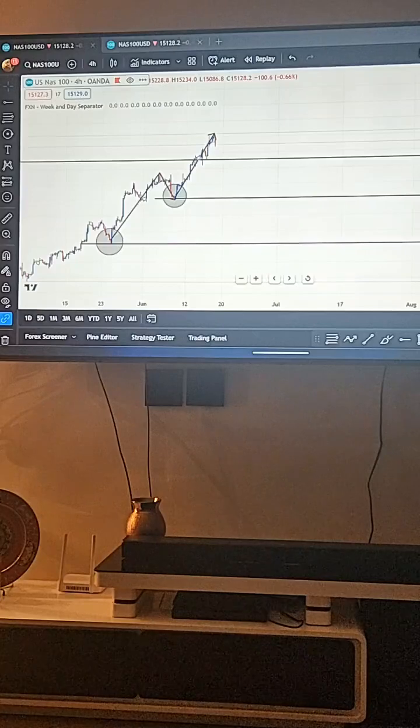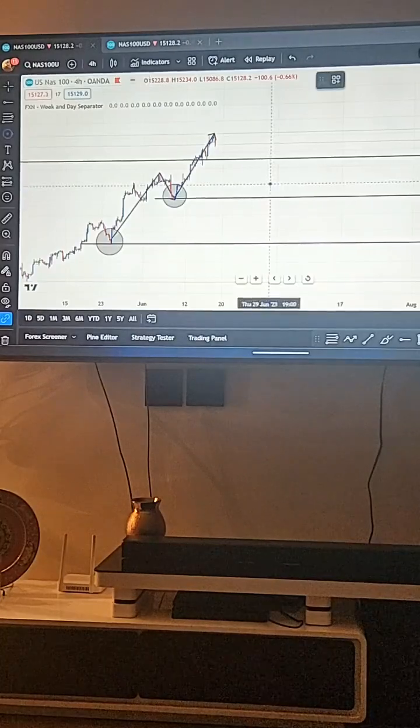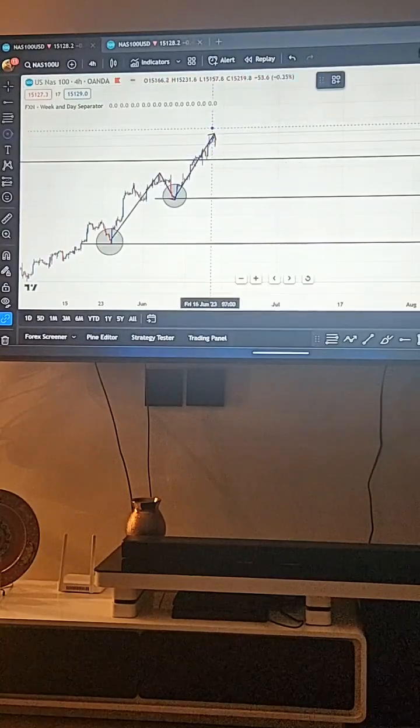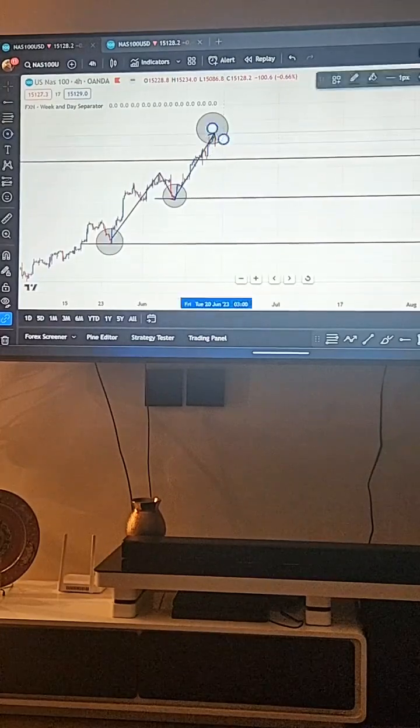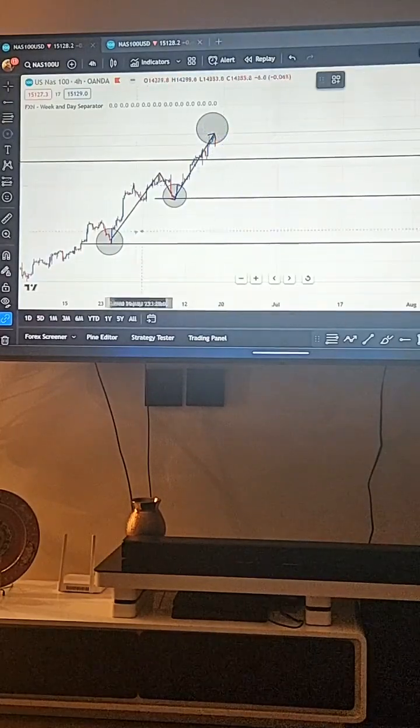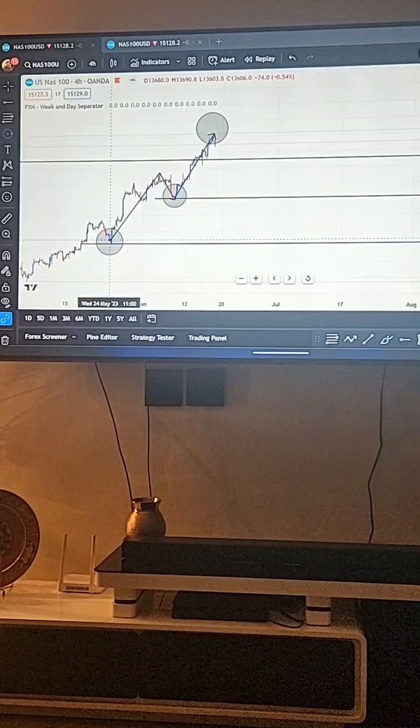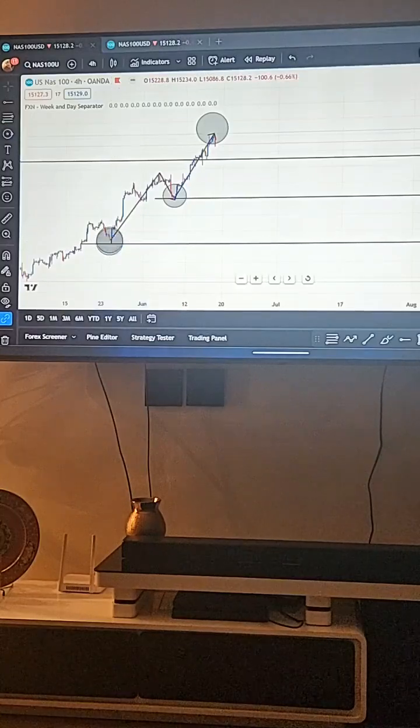Until they give us the same confirmation up here, down here. If they don't give me that confirmation, I know that they're going to obviously continue to sell. So what do I do? I then target the next liquidity.